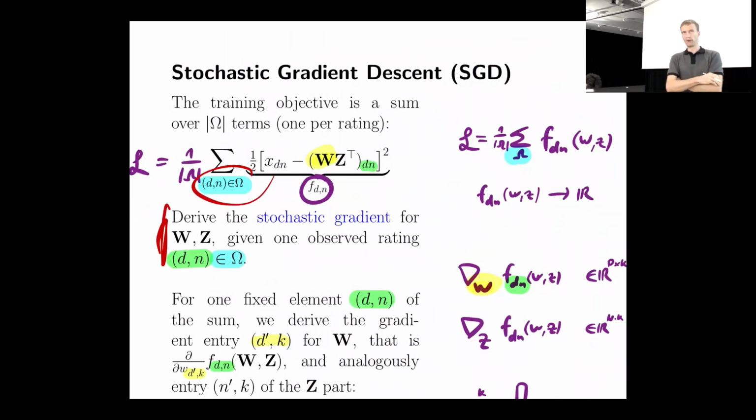In practice, people just take a random permutation of this whole observed training set and then go through it, the same as you do with SGD in a classifier or regression. You go through all training examples once, so that's one epoch. And then you continue as much as you like until you are happy with your test accuracy, for example.